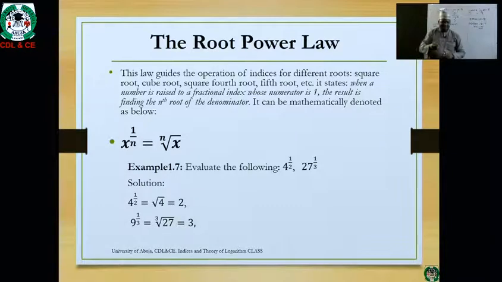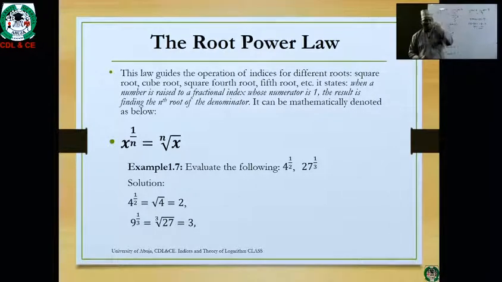Then the next law we have is what we call the root power law. Whenever indices are expressed as a power whose denominator is a value but the numerator is 1, that is, when the index is a fraction, by implication we use the denominator of the index to find the nth root.